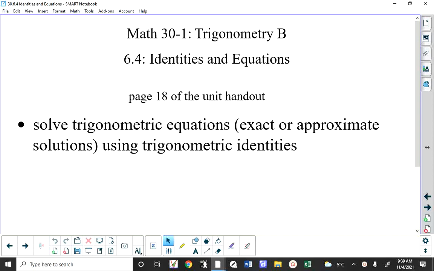So this is on page 18 of your unit handout. The purpose here in this lesson is for us to solve trigonometric equations that you couldn't solve algebraically before, but you can now by using identities to turn them into trigonometric equations you could solve before.